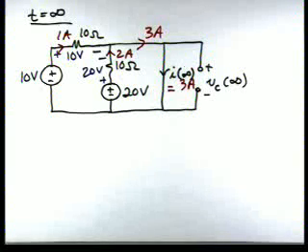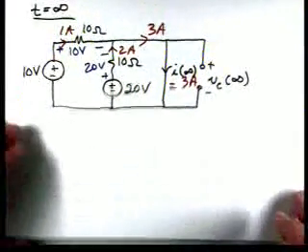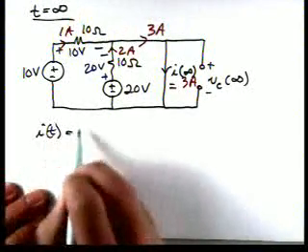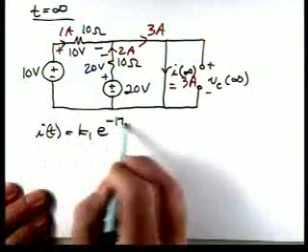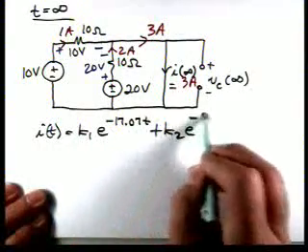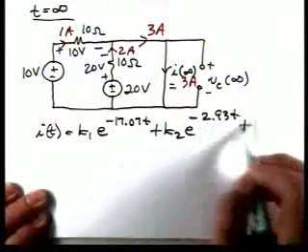So now, our response we know is K1 e to the minus 17.07 t plus K2 e to the minus 2.93 t plus K3.